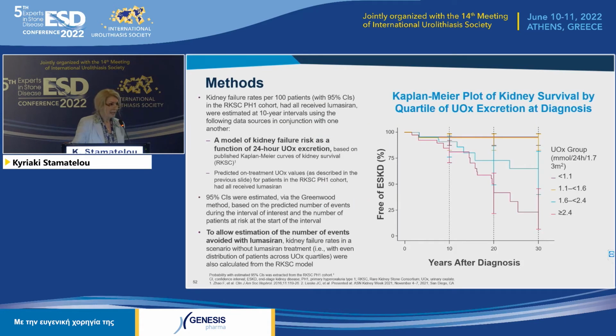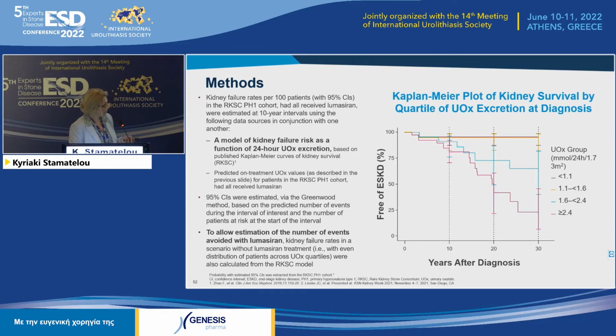In order to allow the estimation of the number of events that would be avoided with lumasiran, they developed a model of kidney failure risk as a function of 24-hour urinary oxalate excretion.